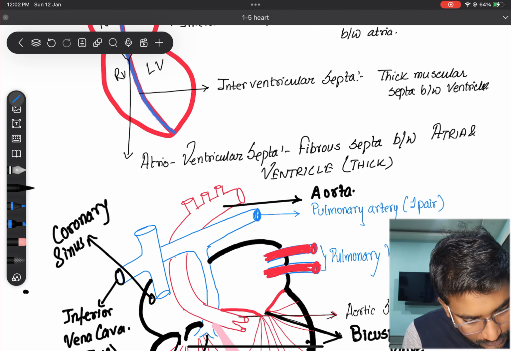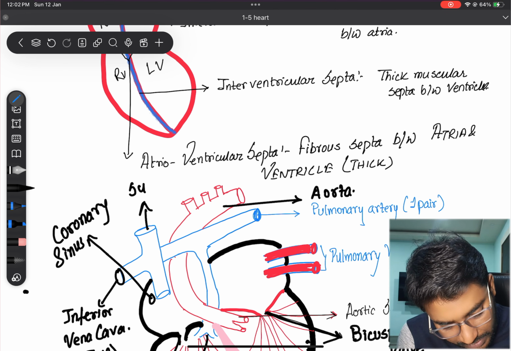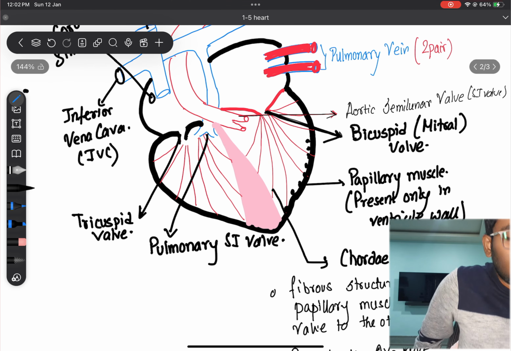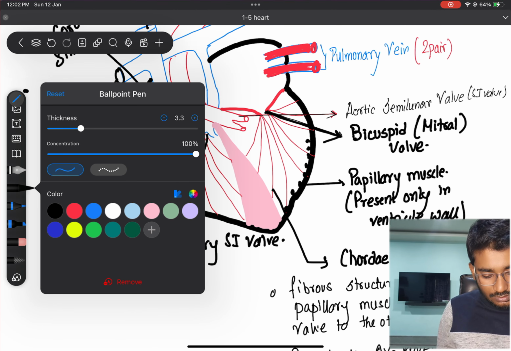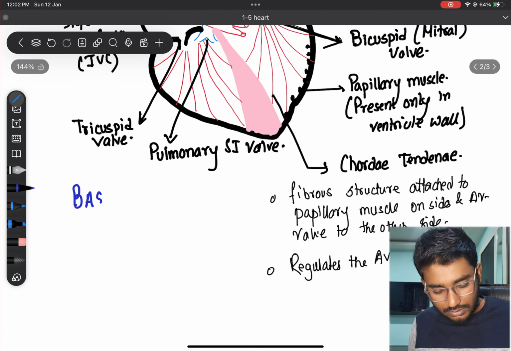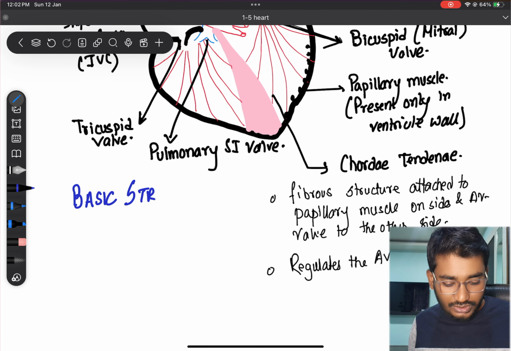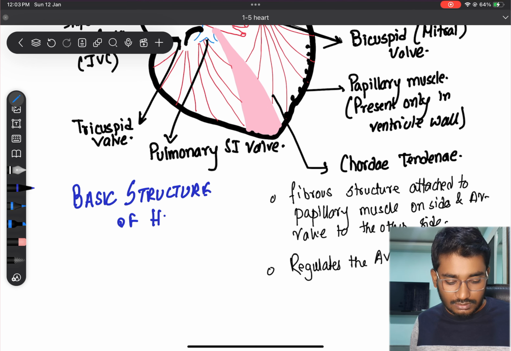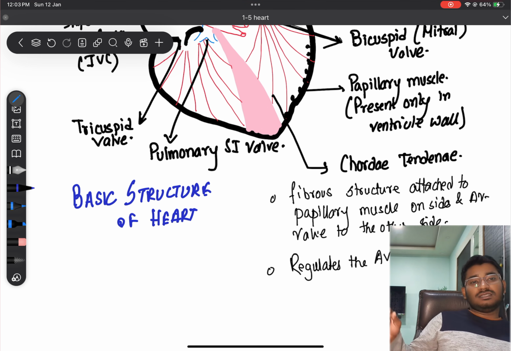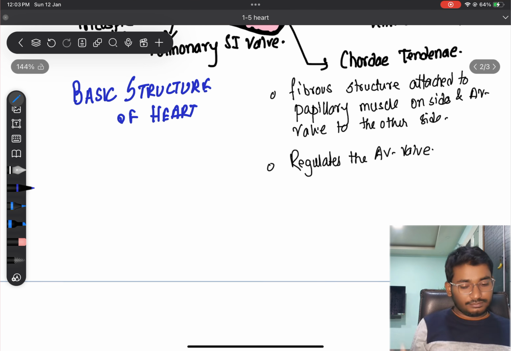Superior vena cava. This is the basic structure of the human heart.